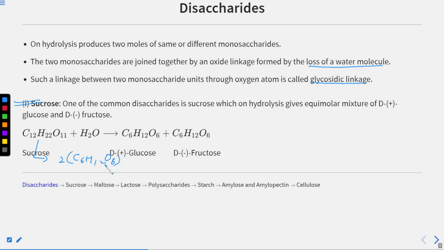If I take this 2 out, you will see that this represents a monosaccharide unit, and these are the 2 monosaccharide units, whereas this H2O has been taken out, so it must have 2 hydrogens more, because 12 goes to 24. So 2 hydrogens and 1 oxygen, that is 12 to 11 for oxygen, have been taken out in the form of water.